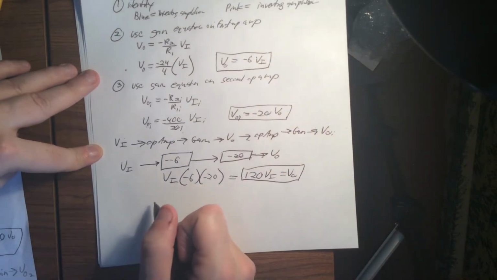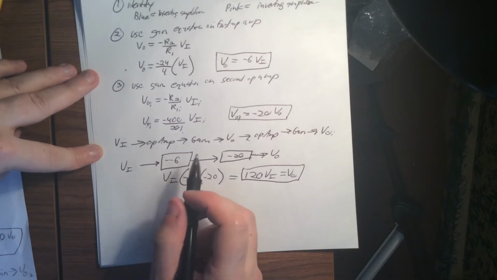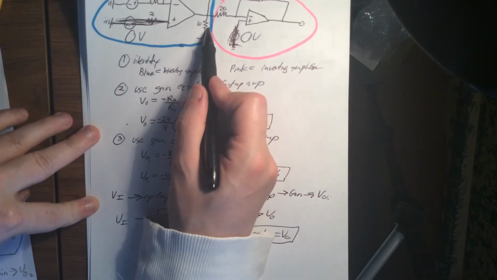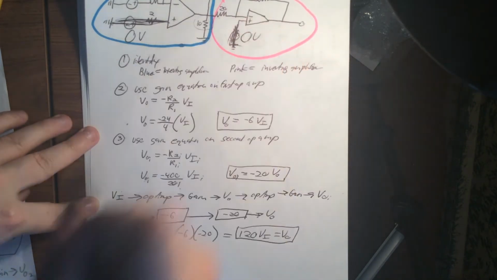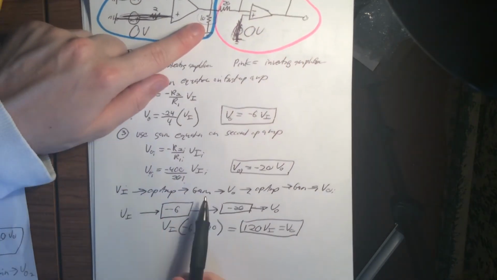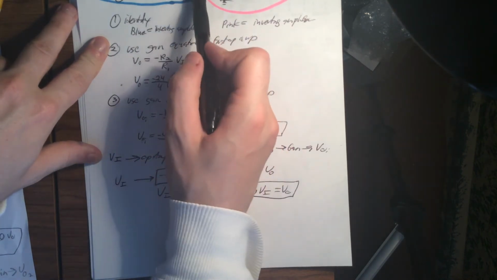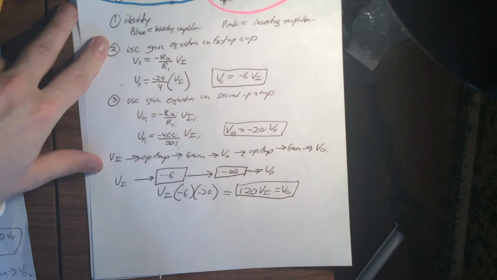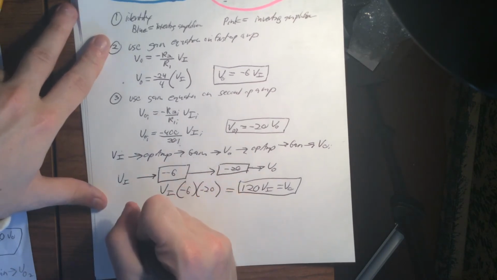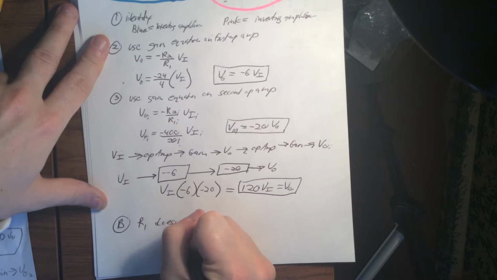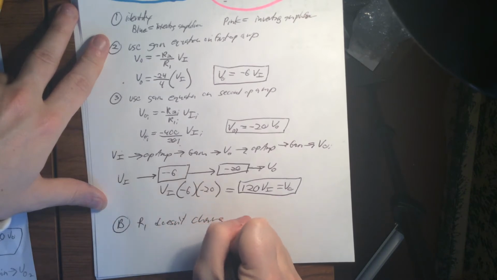So a second bit, it asks us if we change our R1. So R1 is this resistor here. If we change this, if you looked, we didn't use R1 in any of these equations whatsoever. R1 is totally irrelevant. It doesn't matter. And this is the second part of the answer, B. R1 doesn't change.